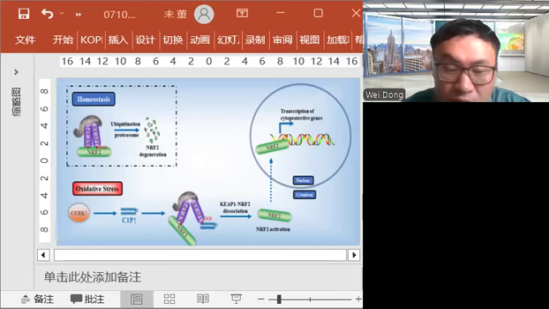This binding interferes with the interaction between KEAP1 and NRF2, causing NRF2 to dissociate from KEAP1. As a result, NRF2 escapes KEAP1-mediated degradation and translocates into the nucleus, where it promotes the transcription of antioxidant genes.